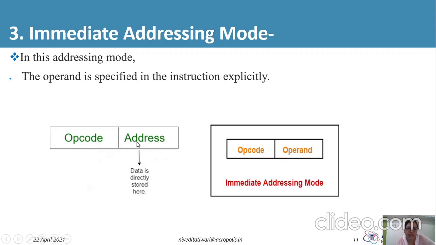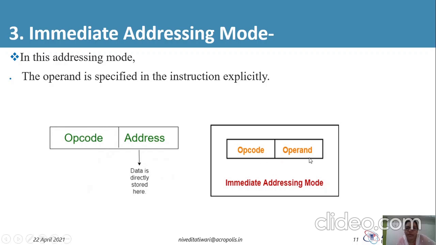Here you can see the figure in which the instruction format is available. Here we only concentrate on the address field from which we are finding our operand value or the effective address. In the address field of the instruction, data is directly stored in case of immediate addressing mode.